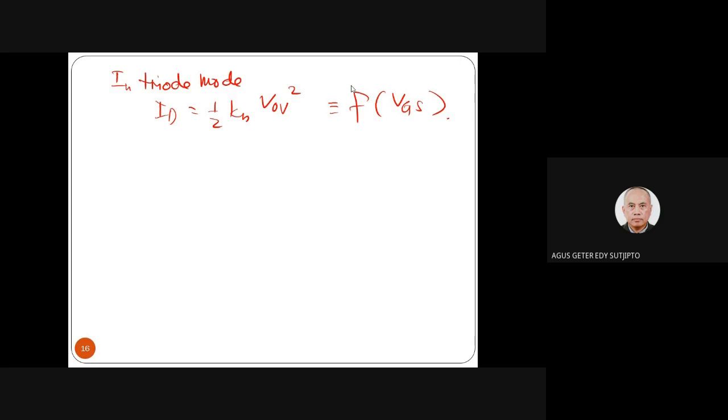So this is the end of the MOSFET. We have studied up to now the BJT, the FET, the MOSFET, and the PNP transistor.